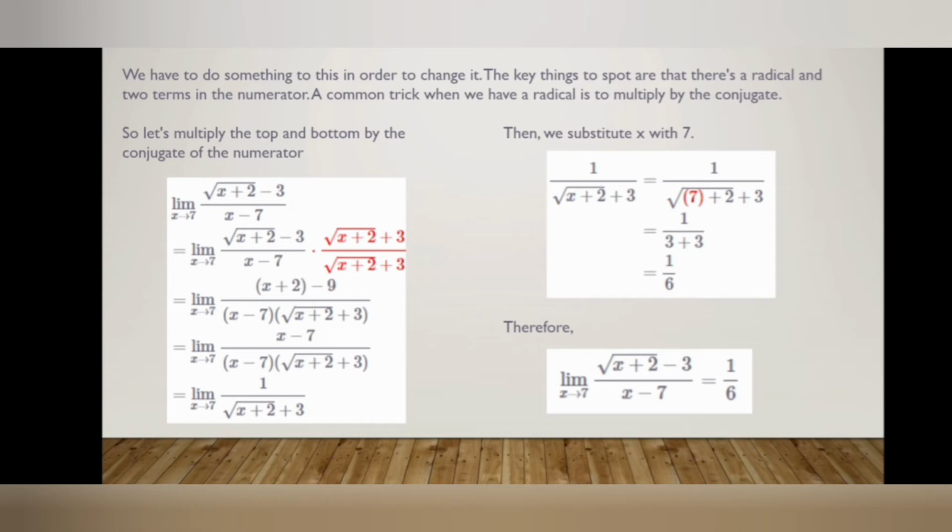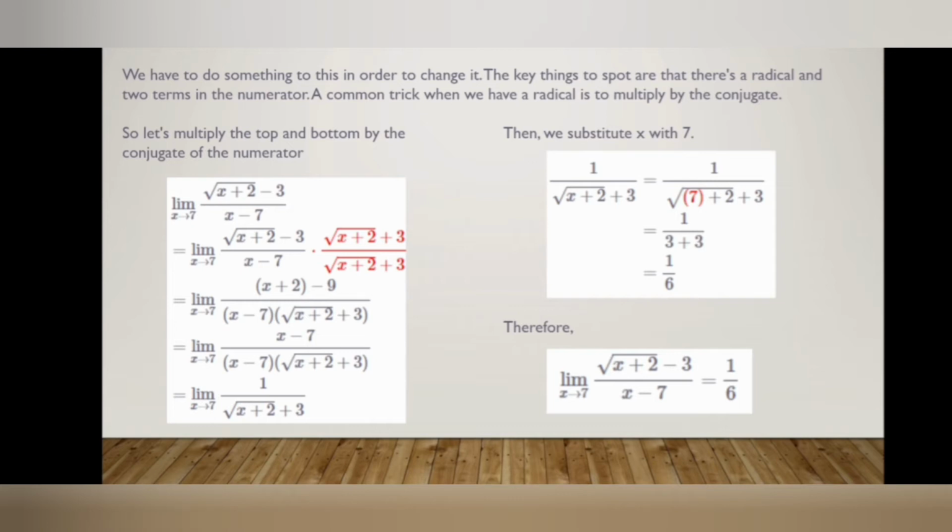In our equation, limit as x approaches 7 of square root of x plus 2 minus 3 over x minus 7, we then multiply by its conjugate, which is square root of x plus 2 plus 3 over square root of x plus 2 plus 3.